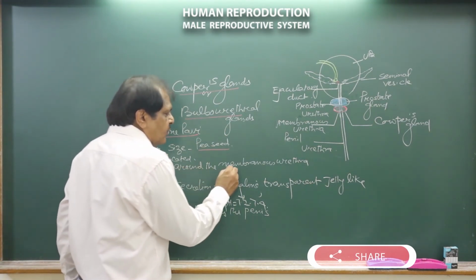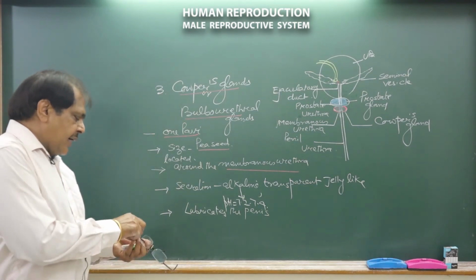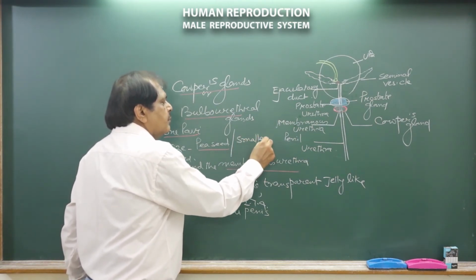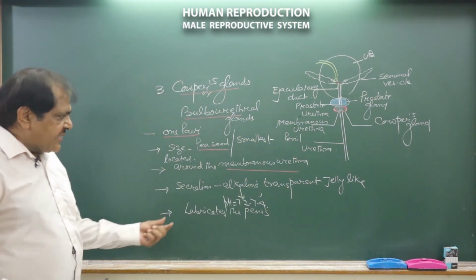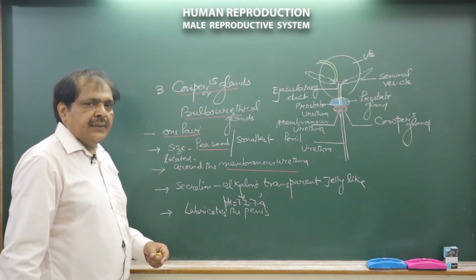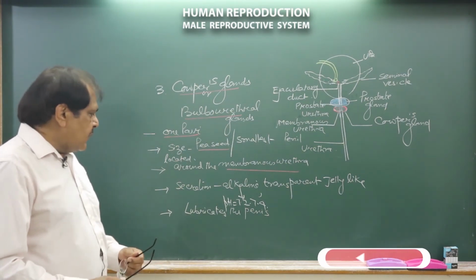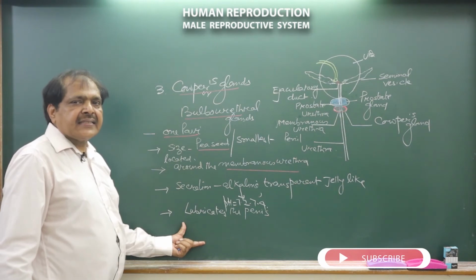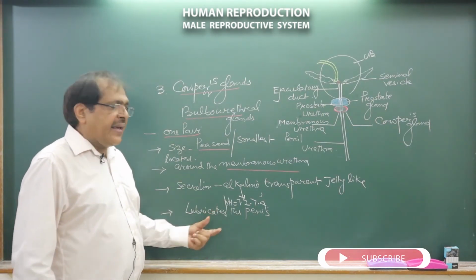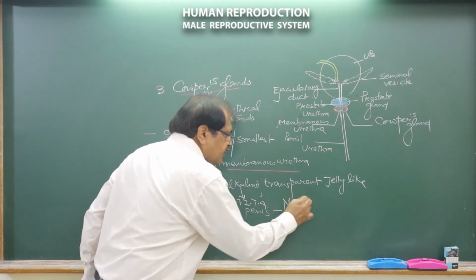They are located around the membranous urethra, below the prostate gland, the smallest gland. This lubrication of the penis is done by mucus secreted by these glands.